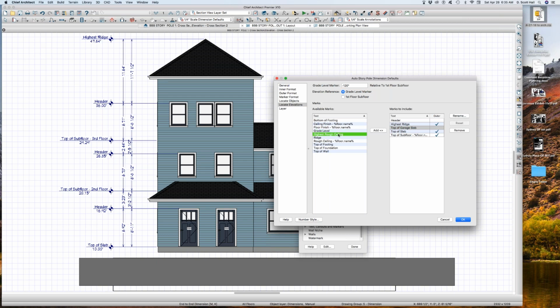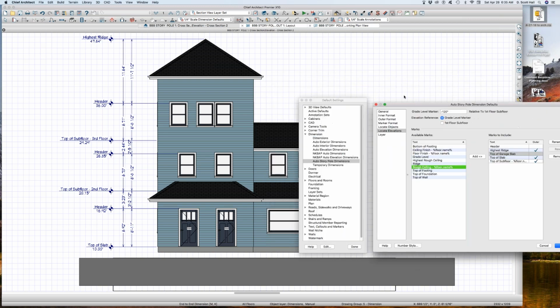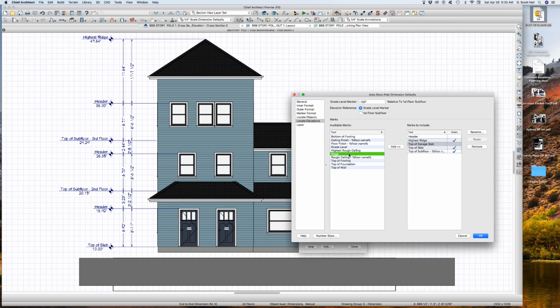Highest rough ceiling? Nah. I want rough ceilings. Do I want ridge? I'm going to add the ridge over here, and I think that'll give me all the ridges, okay? But I don't want all the middle ridges on the outer dimension. I'm just telling you, I don't.